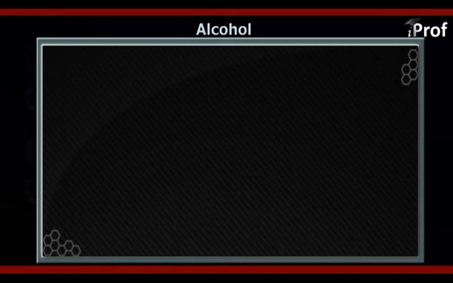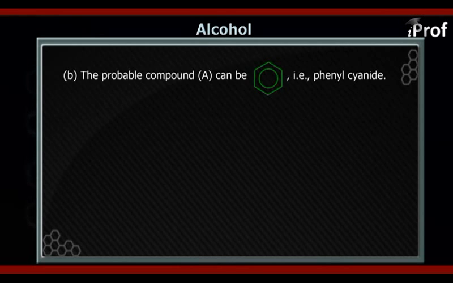Now we know that the molecular formula is equal to empirical formula into N, where N is equal to molecular mass divided by empirical formula mass.